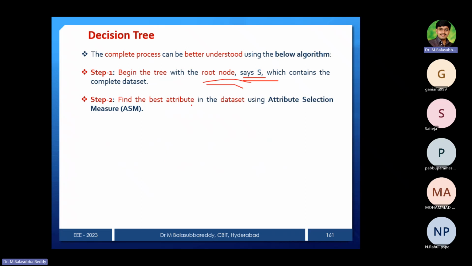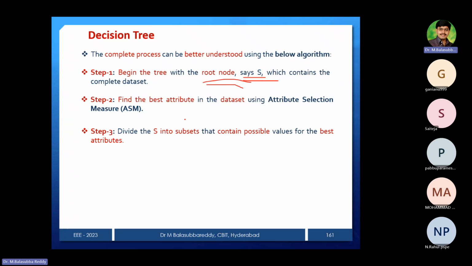Step two: find the best attribute in the data set using the attribute selection measure, ASM. Step three: divide S into subsets that contain possible values of the best attribute.